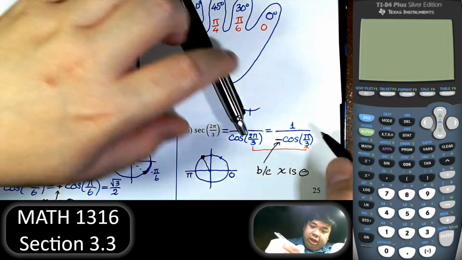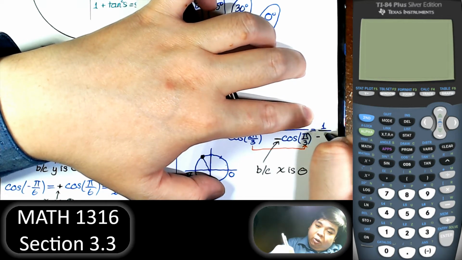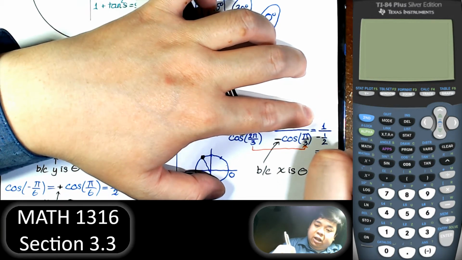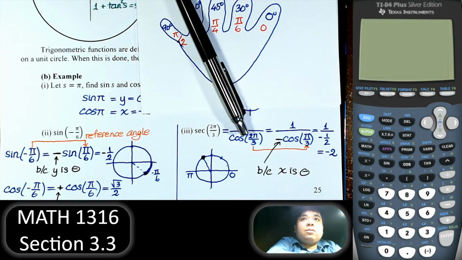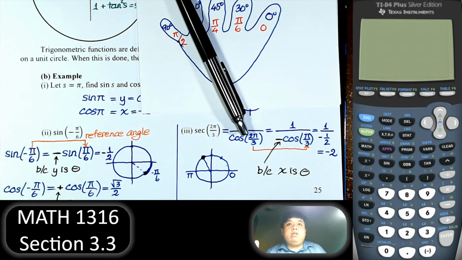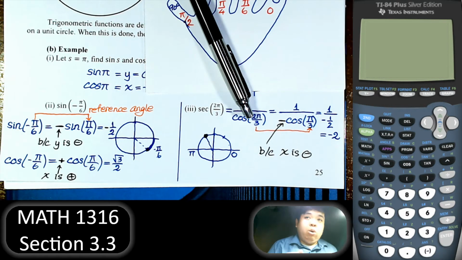So in this case, we have 1 over negative 1/2, which gives us negative 2. So once again, when finding trig values, we do two things. First, the value equals the trig function of the reference angle. And then the sign, positive or negative, is defined based on where it is on the circle, which quadrant it is in.